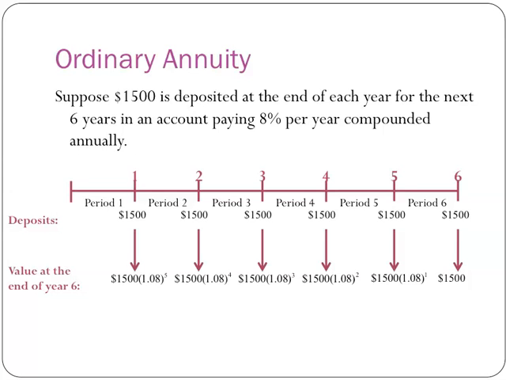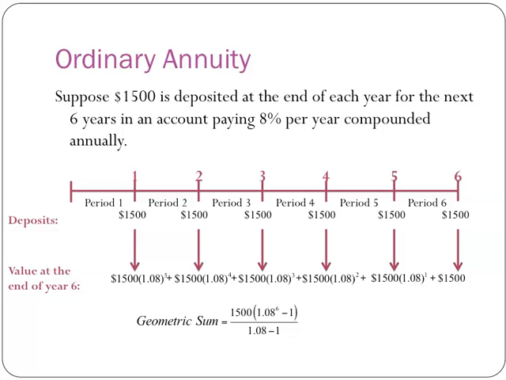And then 1,500 times 1.08 to the fifth. Now I'm just going to sum all of this up, and that will give me the value that's deposited all together and how much it has accumulated as a result of that 8% per year compounded annually.